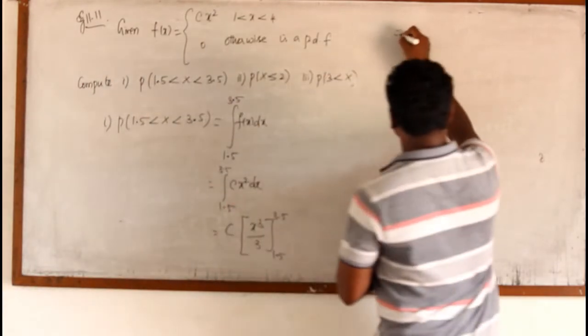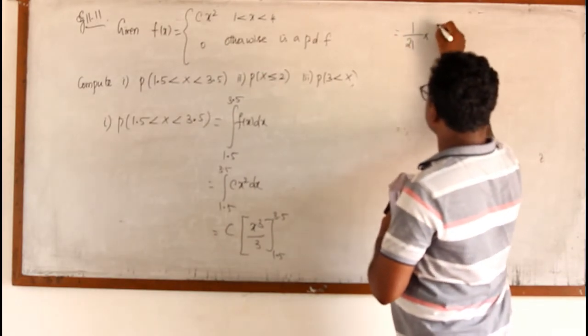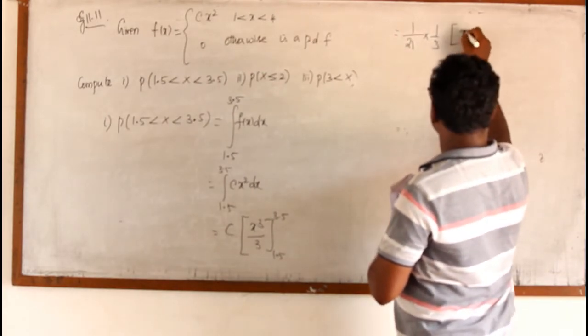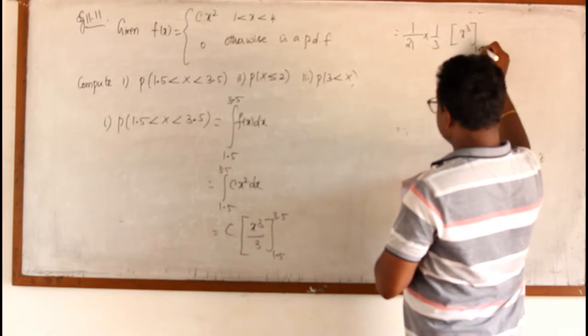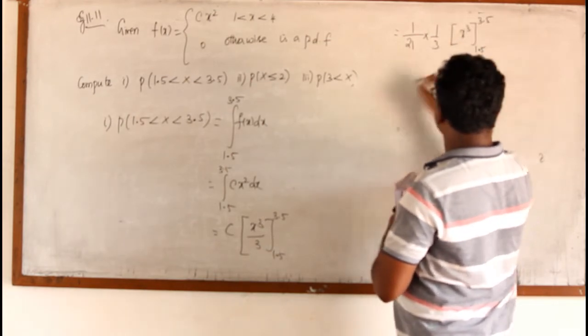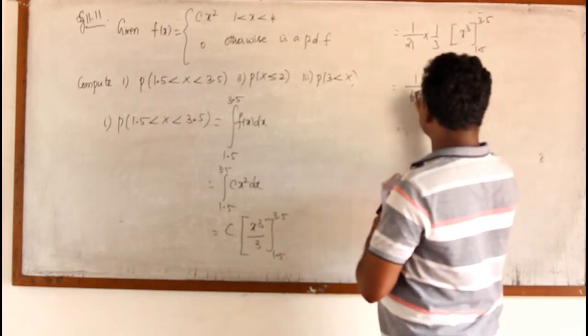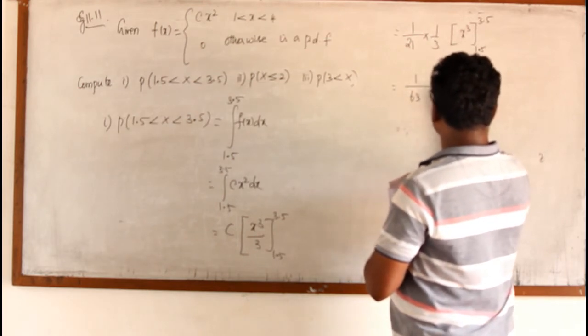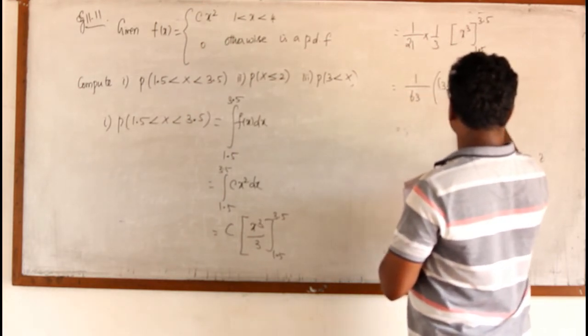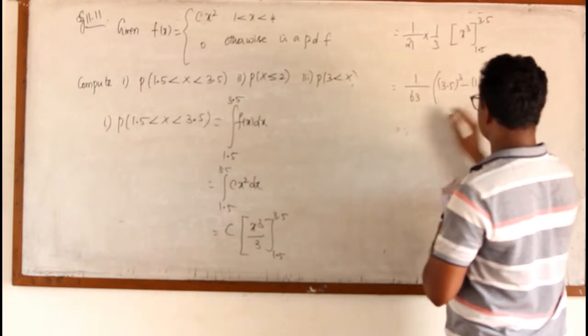We found c value is 1 by 21, into 1 by 3 can be taken out, x cube from 1.5 to 3.5. It is 1 by 63, into 3.5 the whole cube minus 1.5 the whole cube.